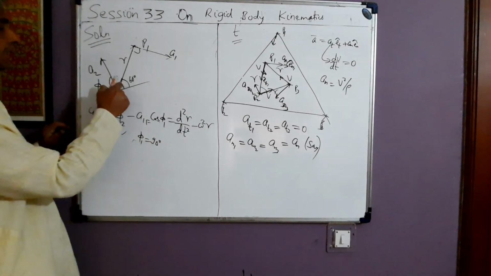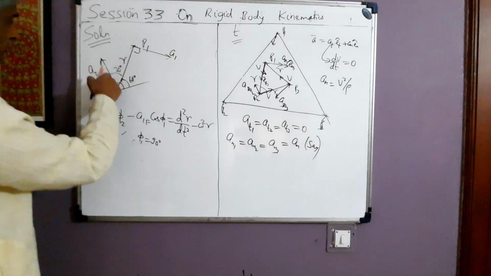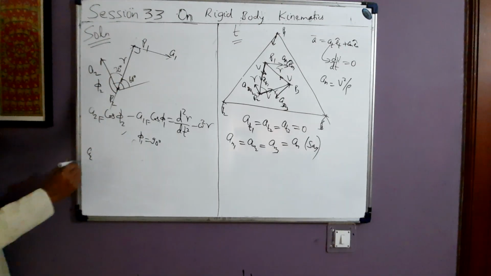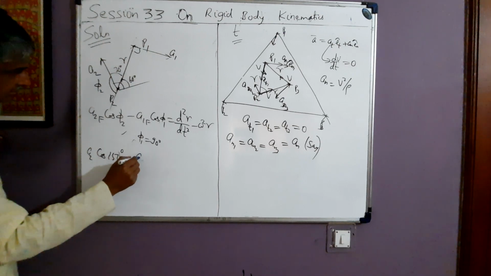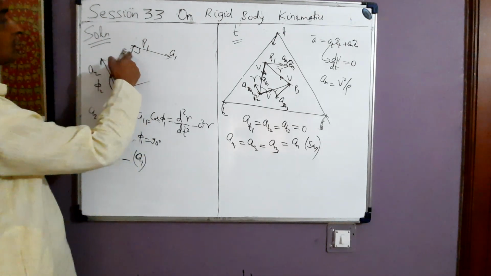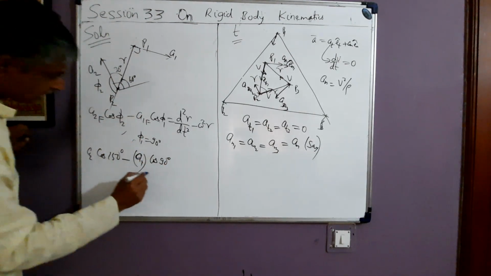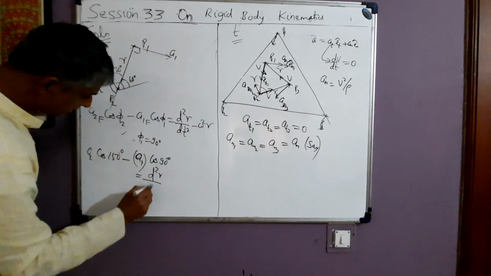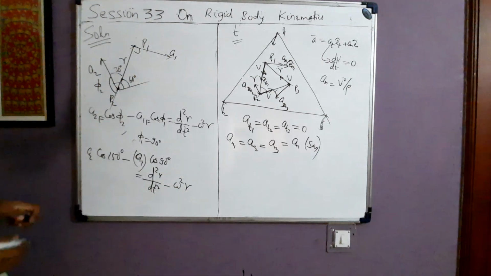This is 90, this is 60, and this angle is 30 degrees. So phi 2 becomes 150 degrees. A2 cos 150 degrees minus A1f, where A1f is the acceleration of P1, A1. Phi 1 is 90 degrees, cos 90 degrees, becomes d2r by dt2 minus omega square r.